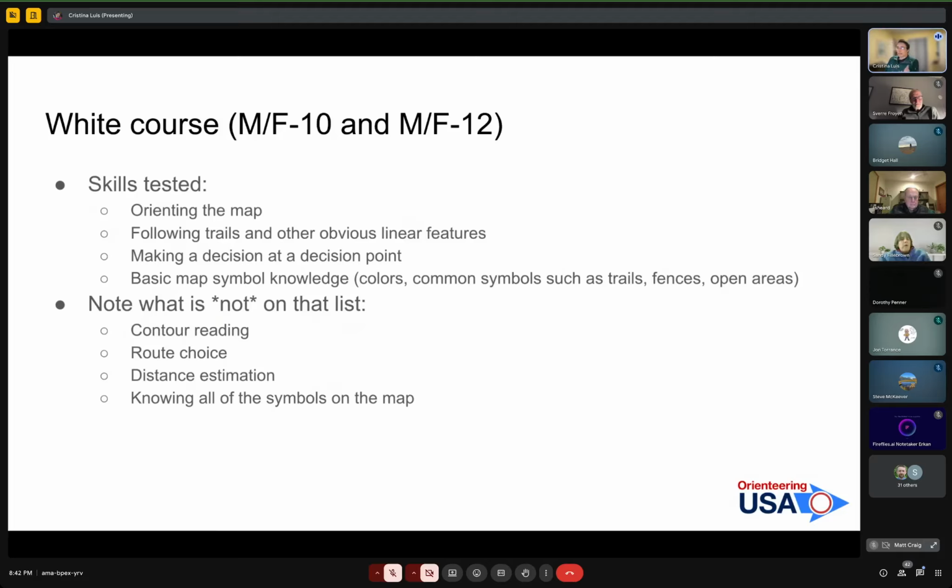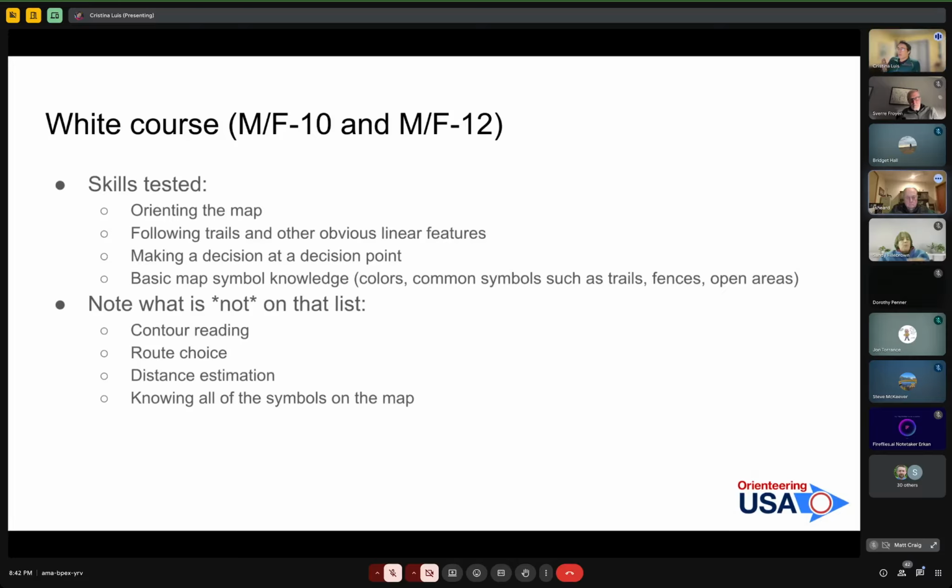This is the competitive class, or the course for the competitive classes for 10 and under and 12 and under. So if you're lucky enough to have kids that young doing it, it's where people start. The skills we're looking to test, and I've talked about this a little earlier: orienting the map, following mostly trails, but also possibly other linear features, being able to make a decision at a decision point, like a trail junction, and some very basic map symbol knowledge.